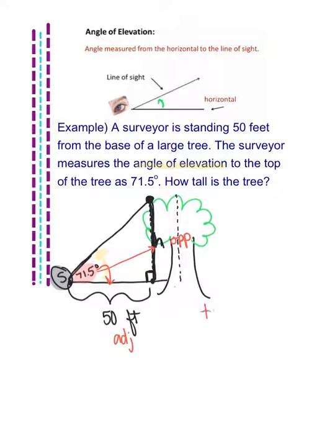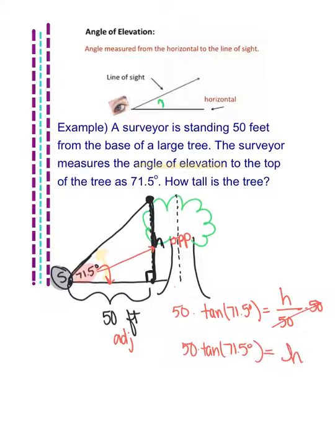I know tangent of 71.5 degrees for this triangle is equal to the opposite side. I don't know what it is. I'm calling it H, over the adjacent side, which is 50. And now I can solve this equation by multiplying by 50 on each side. So I have 50 times tangent of 71.5 degrees equals H.